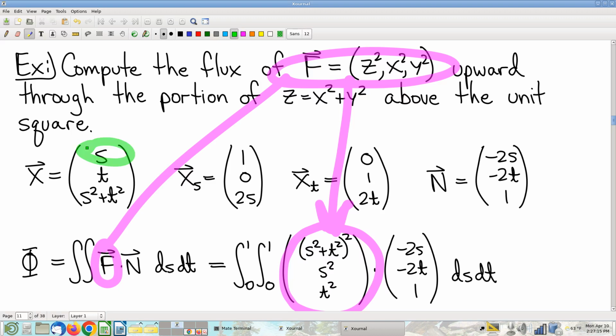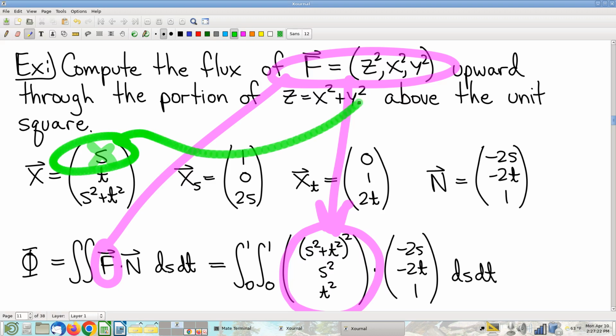This here is x. So x is s. Everybody see what happened there? Okay. And y is t, etc.